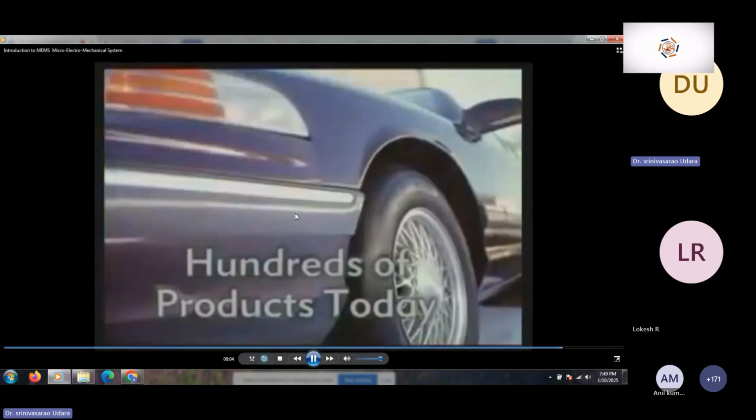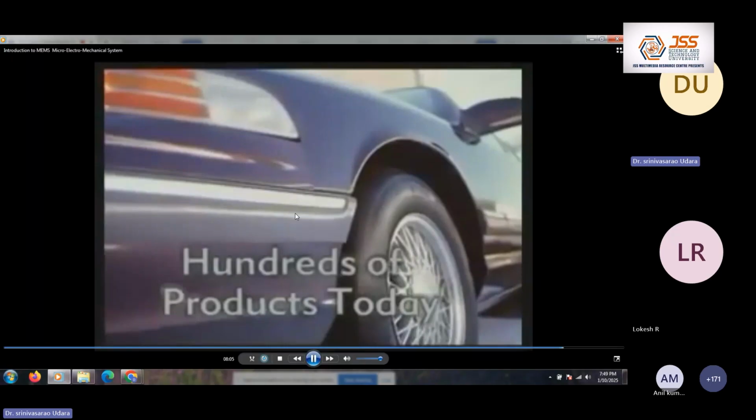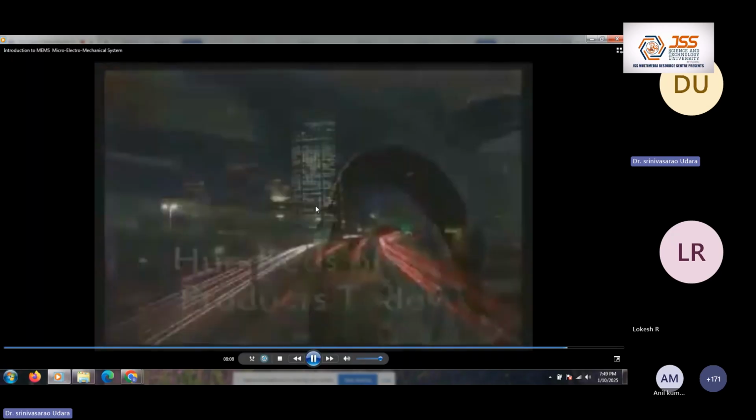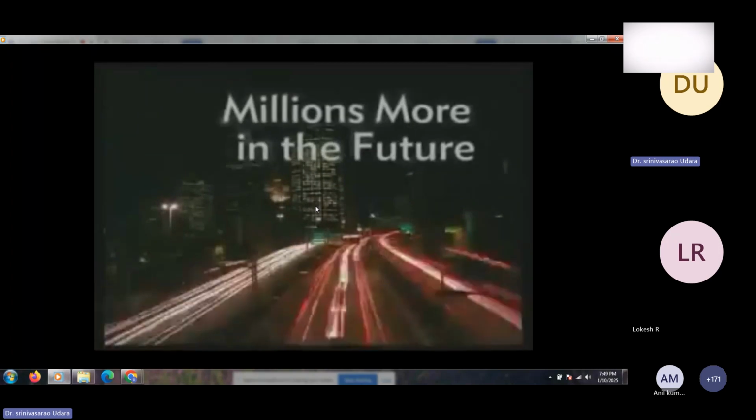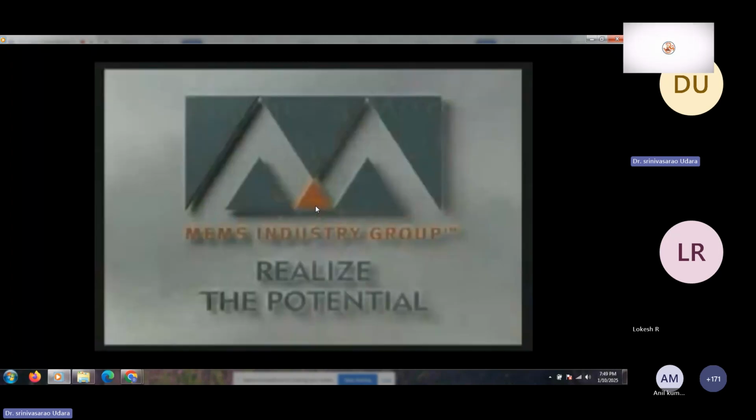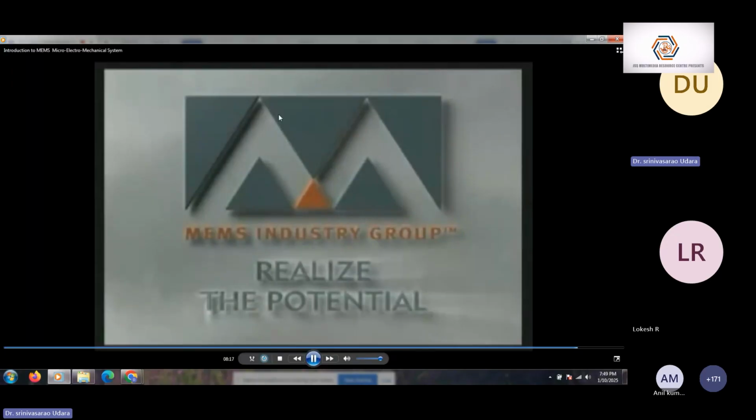The beauty of MEMS technology is that it is used in hundreds of products today, making it the technology of the present, but has the proven potential to be in millions more products in the future, thus securing its role as the technology of tomorrow. MEMS, realize the potential.